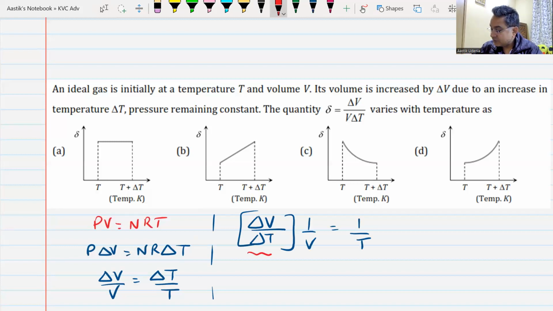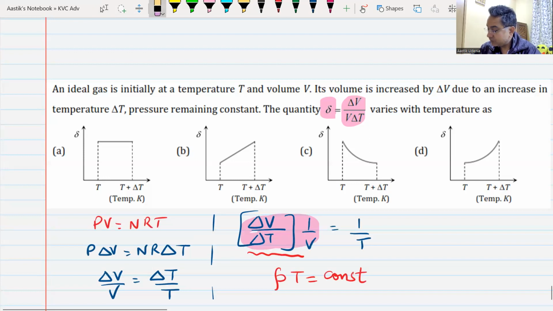This quantity that you see here is nothing but delta. That implies delta into T is a constant. Therefore, the graph has to be a rectangular hyperbola.